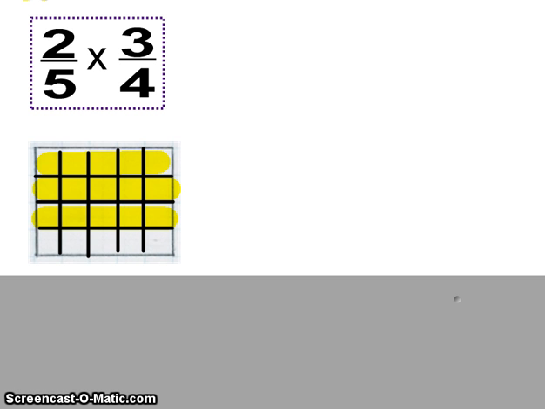And I'm going to shade 2 columns blue. So right now we've got a 5 by 4 rectangle. 5 times 4 is 20. So 20 is the number of squares in all, and 1, 2, 3, 4, 5, 6 of them are double shaded. So our answer is 6/20.